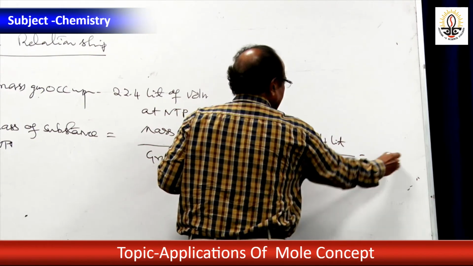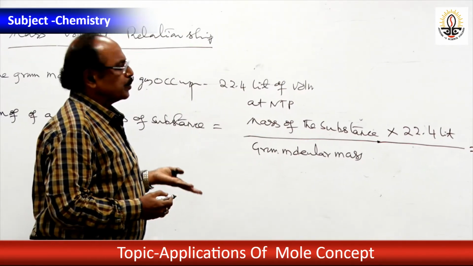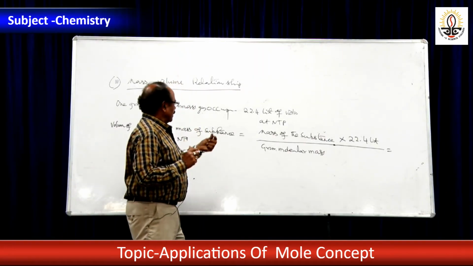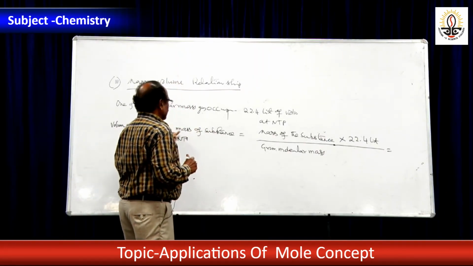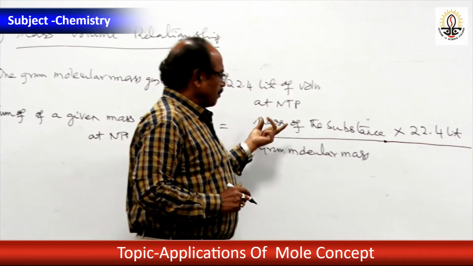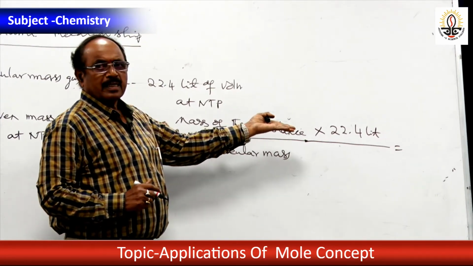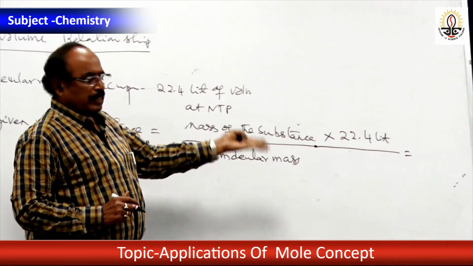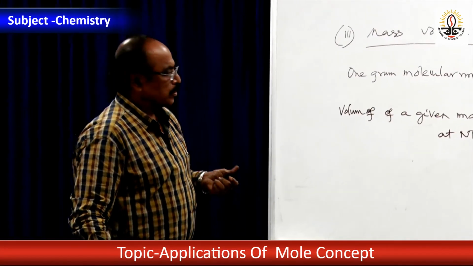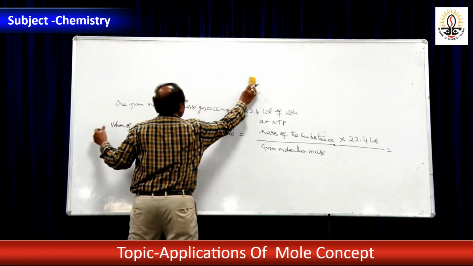This will be in liters, and you will get the answer. Or if you want cc, use 22400 cc. So, the volume of a given mass at NTP is the mass of the substance divided by the gram molecular mass, into 22.4 liters. If the number of molecules is asked, you will multiply by the Avogadro number. I will put that when I discuss the volume-number relationship. I do not want to confuse you everywhere.